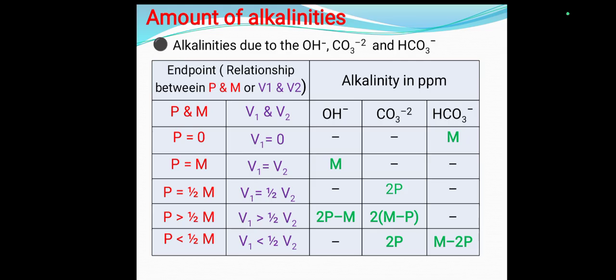Okay, so in the next lecture we will solve the numericals of finding types as well as amount of alkalinities. So for numericals, this table is compulsory, you have to remember.